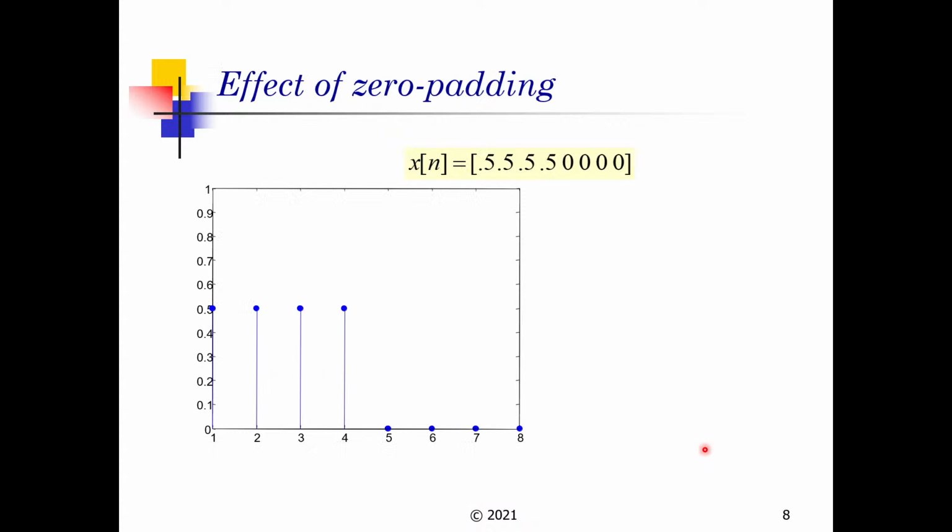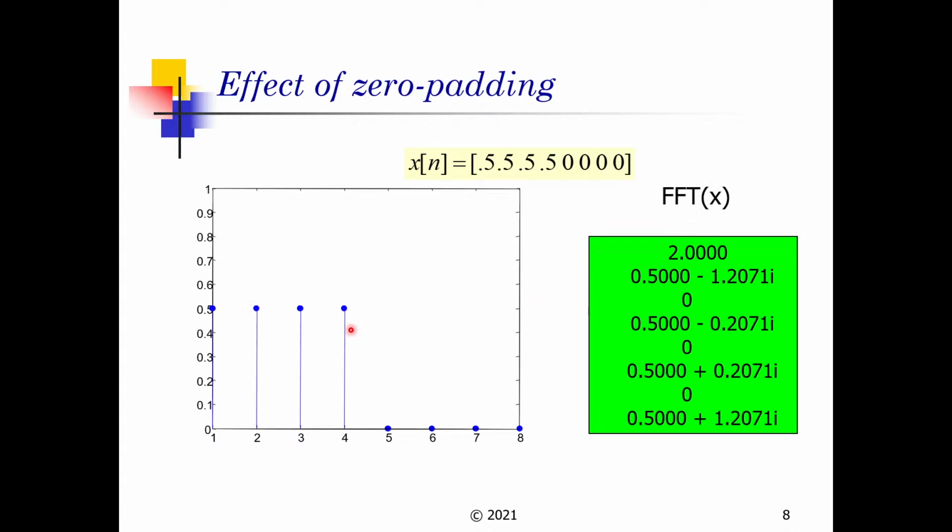So when we zero pad our signal here, in our case we had our signal originally being 4 samples with magnitude 0.5, but we said, okay, let's zero pad up to the next available power of 2, so we're going up to 8 samples, being 2 to the power of 3.